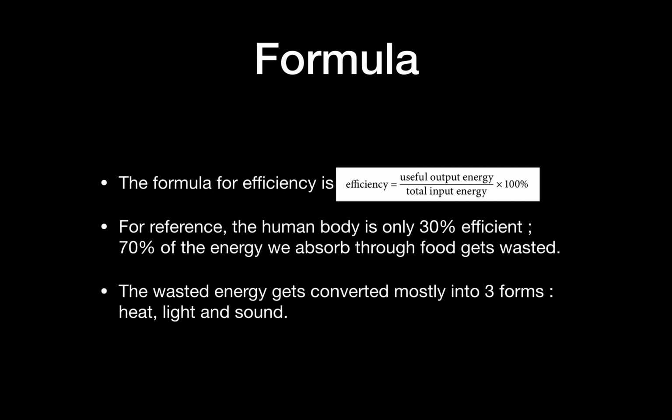When you multiply it by 100, you give it as a percentage, otherwise, you give it as a decimal. Both are acceptable in the AS level syllabus. For reference purposes, for example, the human body is only 30% efficient. The rest of all energy, that is 70%, gets wasted mostly by heat and sometimes by sound. So human bodies are a very inefficient machine.